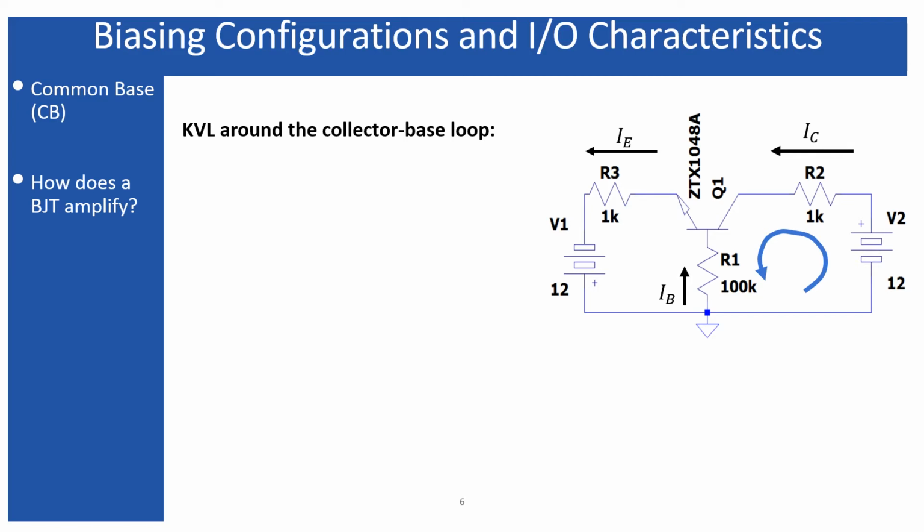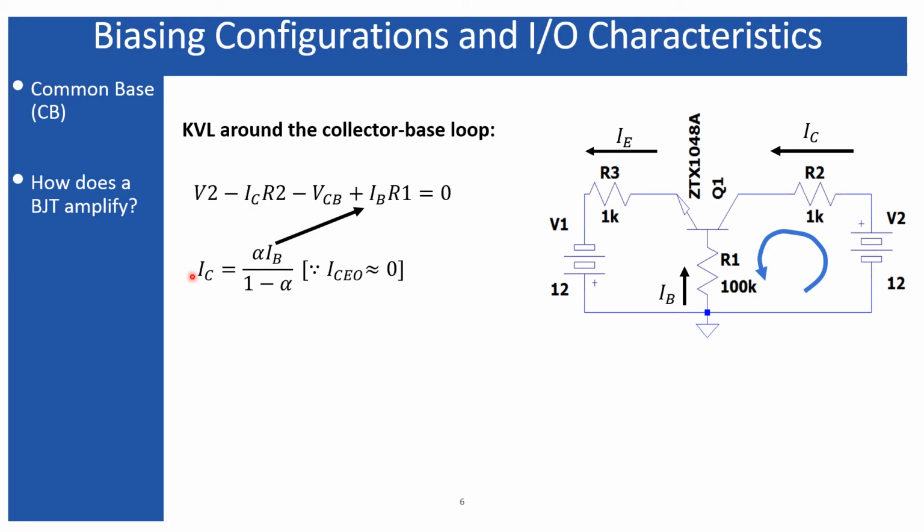So finally, the equation that I have is this one, and next is this one relating IC and IB. The purpose of finding this equation is that in this equation the variables are IC, VCB and IB.